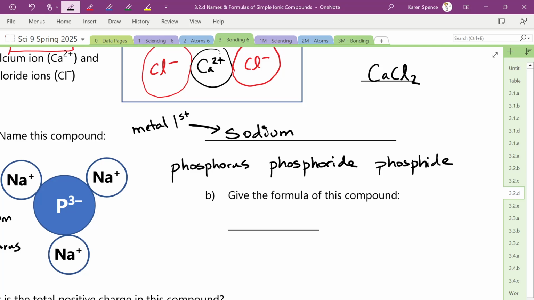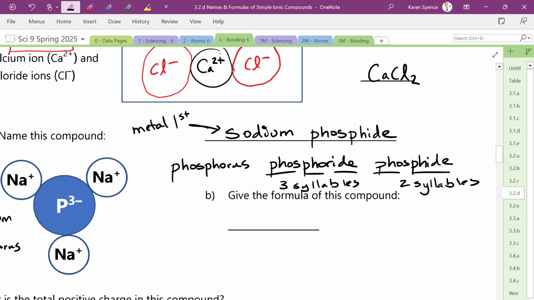Phosphide, 2 syllables, not phosphoride, 3 syllables. So we always want to just have 2 syllables, so phosphide.